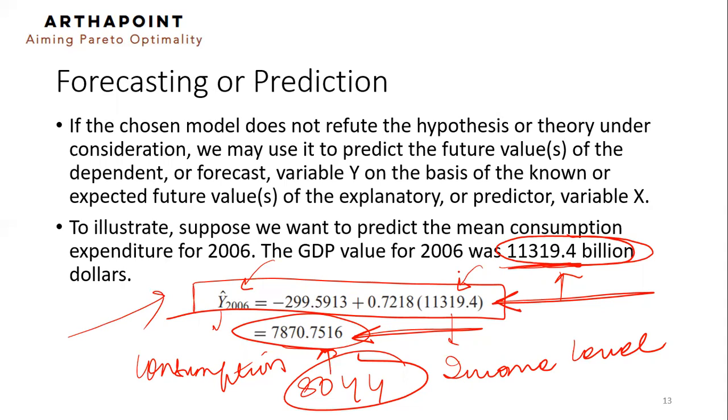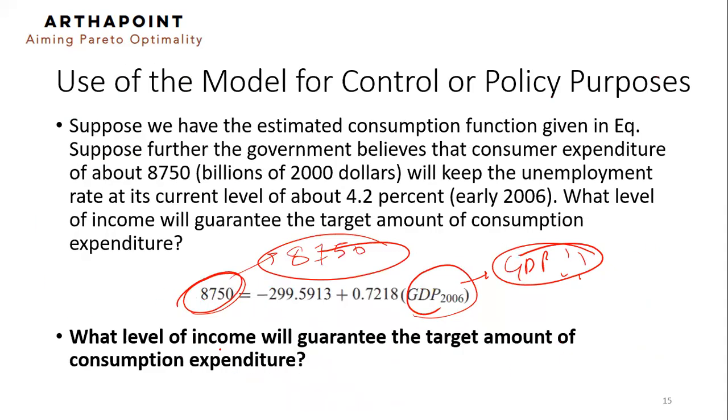This model said that if this is the income, this will be consumption. If you change the income, the consumption will keep changing. But now I'm going ahead and asking that, as the government, I want to have this much level of consumption from people. I want to ensure that people consume this much. What level of GDP will ensure me that? So now I'm holding this constant.